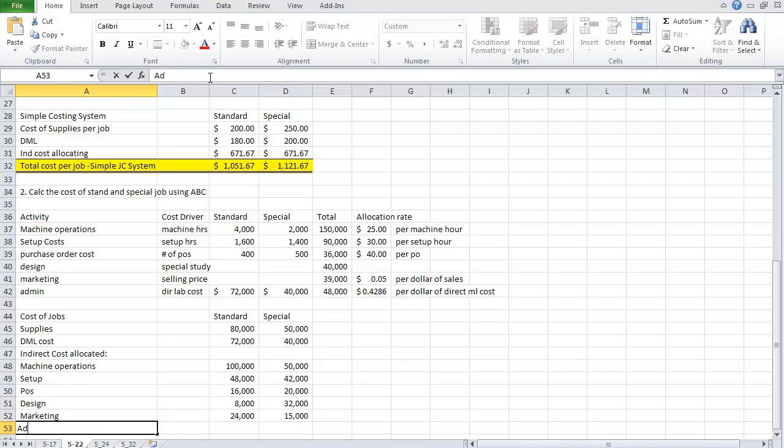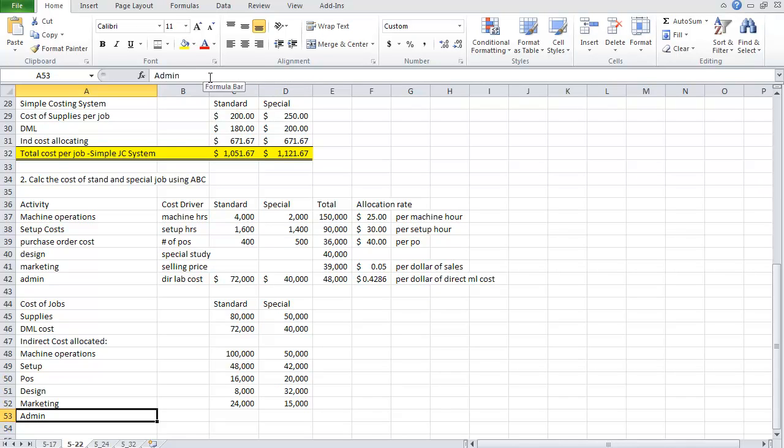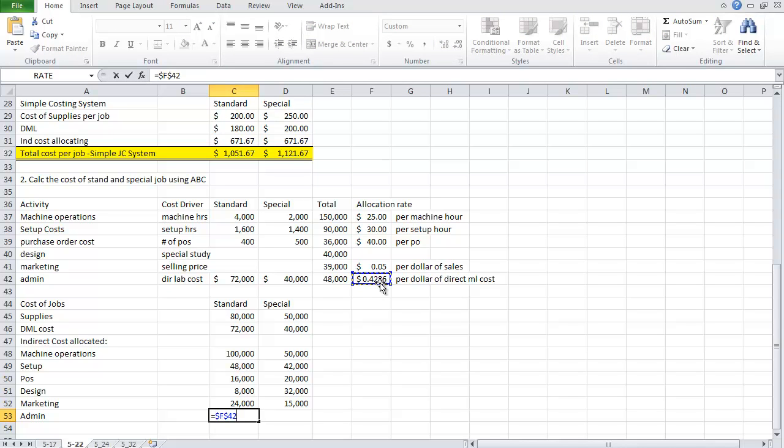Our administration. In this particular area, administration is going to be a little more than 42 cents. I'm going to multiply that by the 72 that we calculated, and I'm going to copy that formula over.